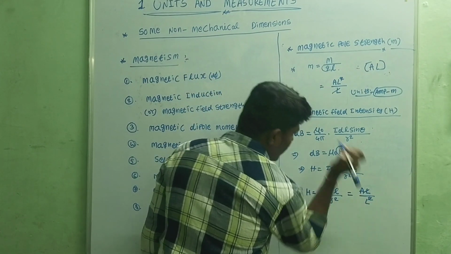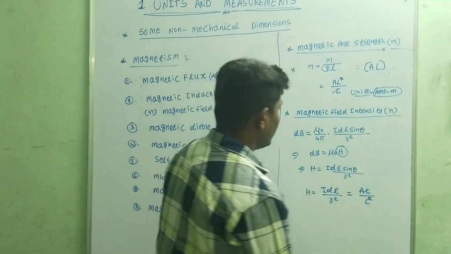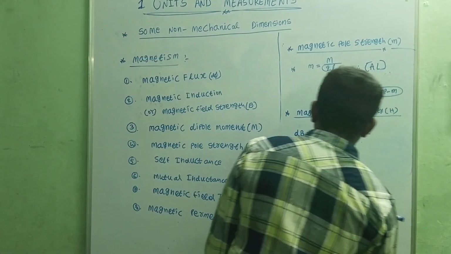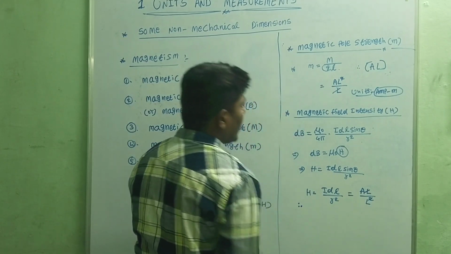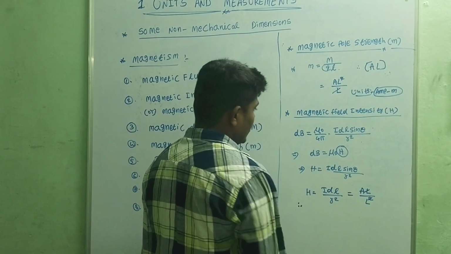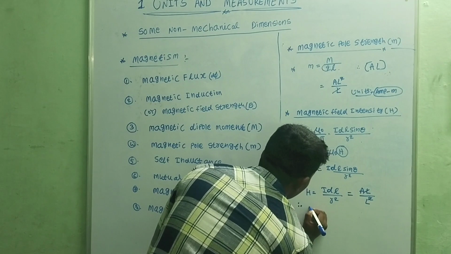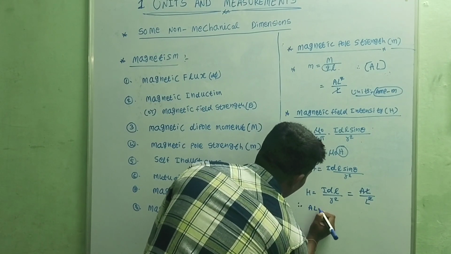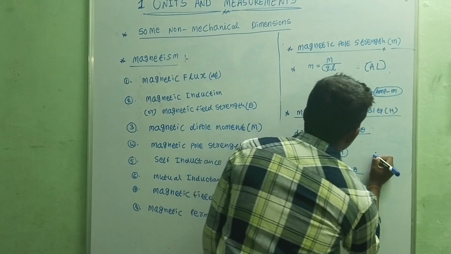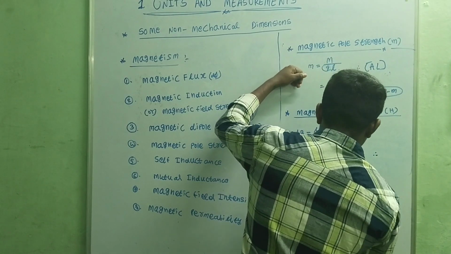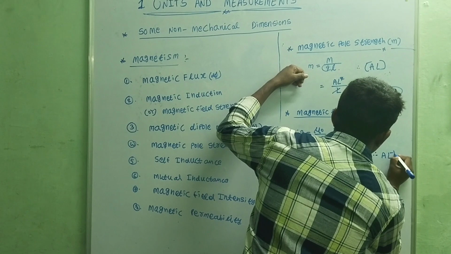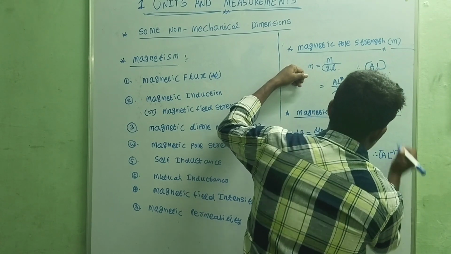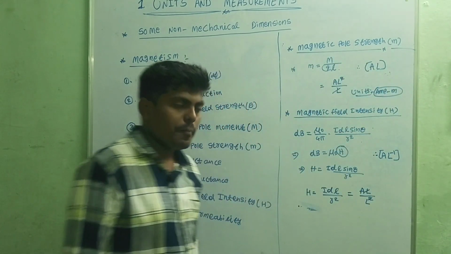So here 1L gets cancelled. Therefore the dimensions of the magnetic field intensity is AL minus 1.